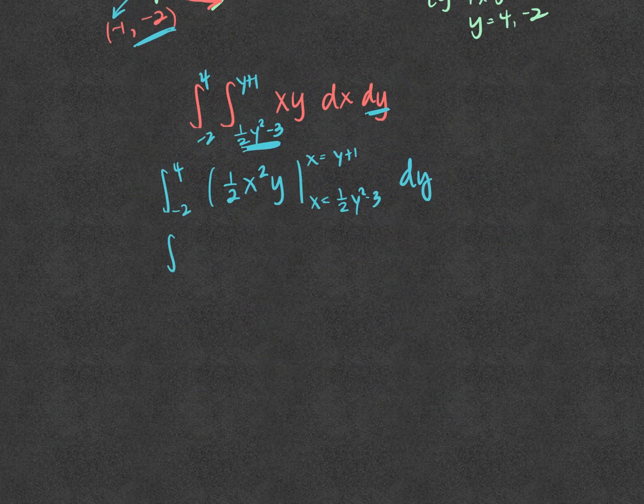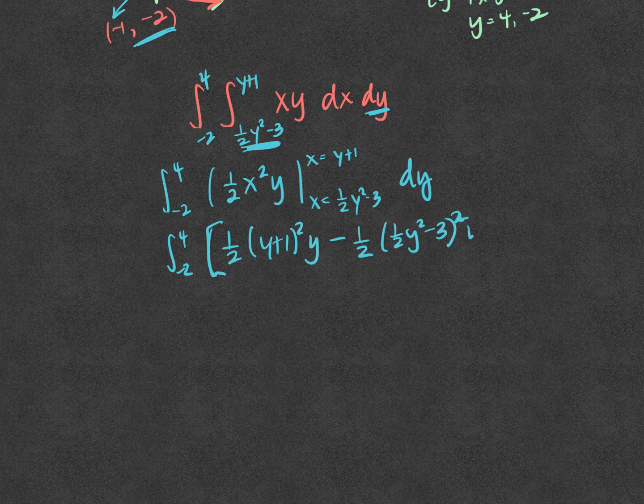So now we have the integral from -2 to 4 of 1/2, we should put a bracket here, y plus 1 squared times y minus 1/2 y squared minus 3 squared times y. And all of this, when we get finished, we're going to integrate with respect to y. Now, there is no nice, simple, easy way to do this, but at least it's not hard.